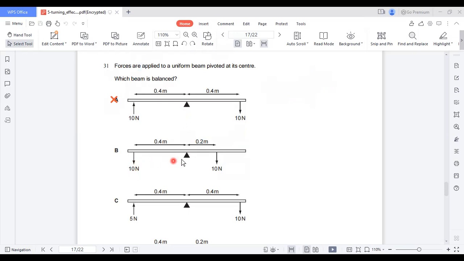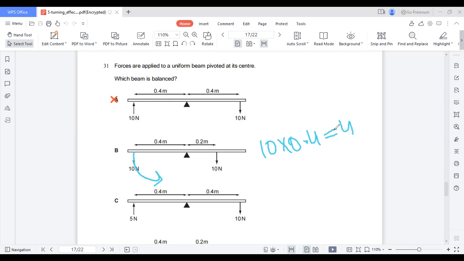Let's move to B. See, the distance is 0.4 meter and this one is 10 Newtons. This 10 Newton force is going to have an anti-clockwise movement, and it would be 10 times 0.4, which is 4 Newton meters.